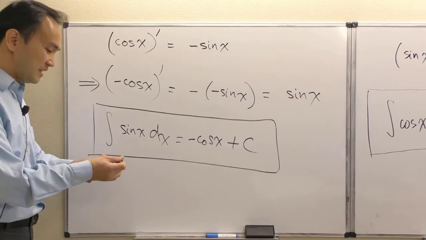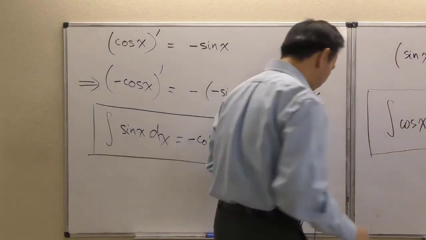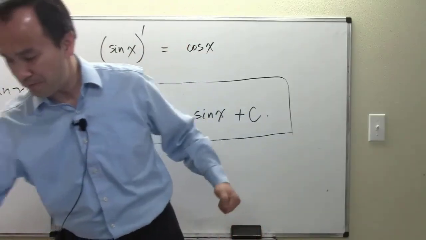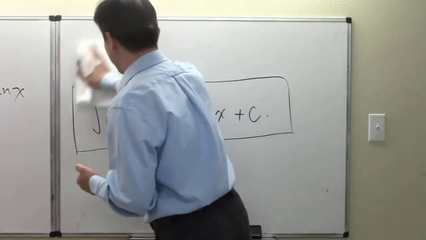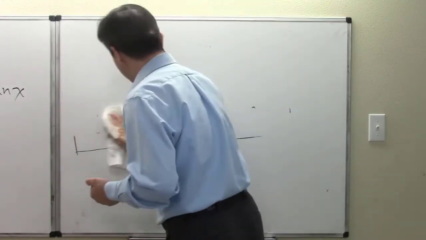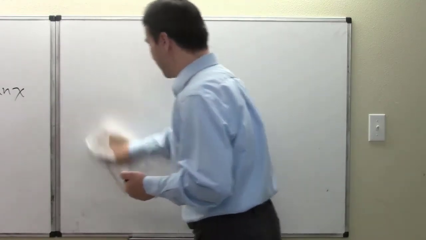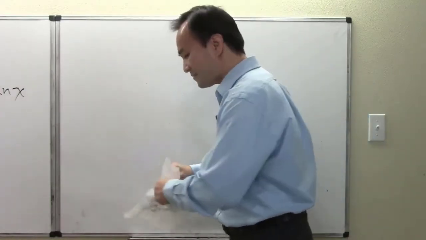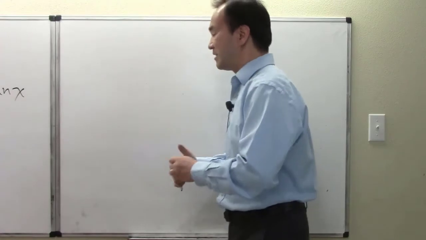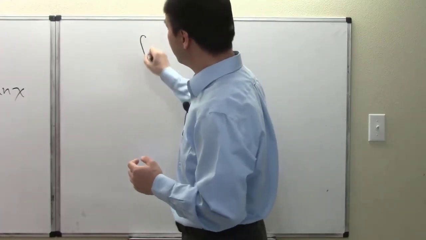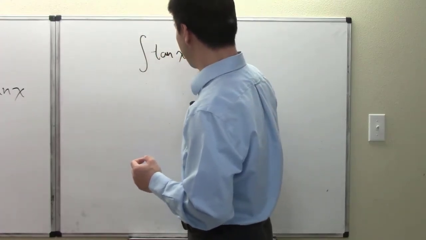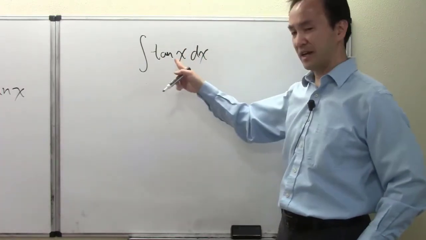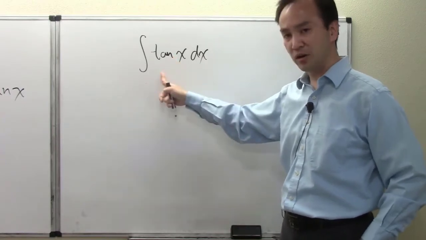Okay? And so, a few other things I have to mention. Now, the trig family is not as simple as the power functions. And so, we will build our skills step by step, gradually. For example, right now, at our beginning level of learning how to find antiderivatives, at this very starting point, we don't know the answer to this yet.